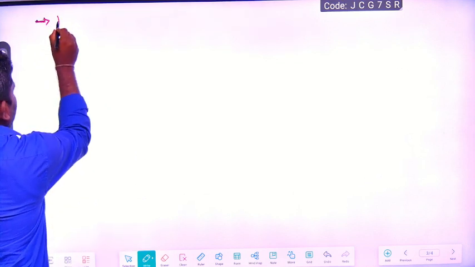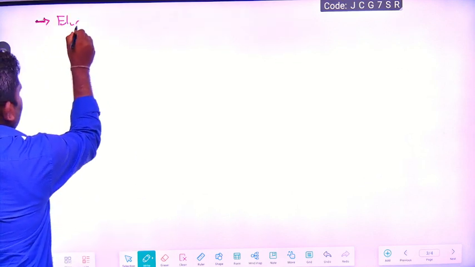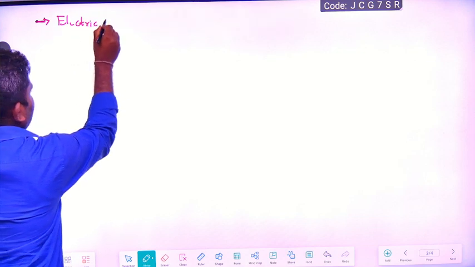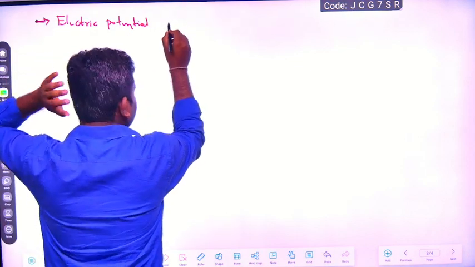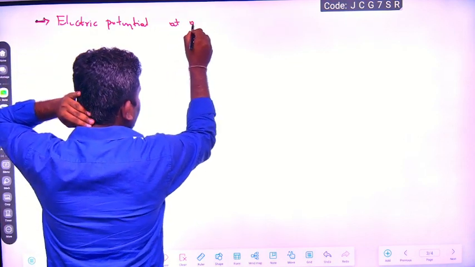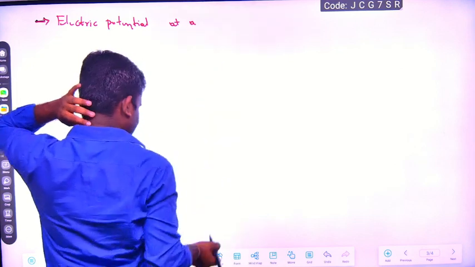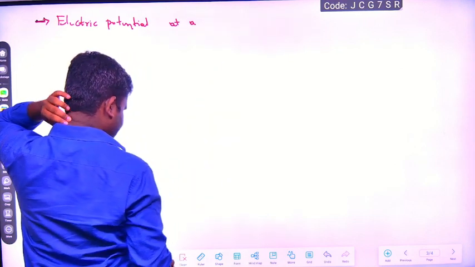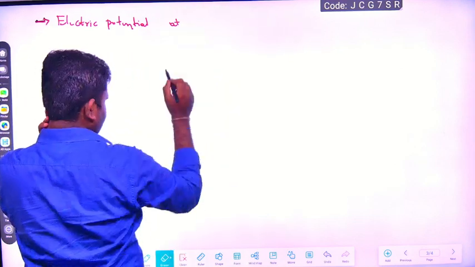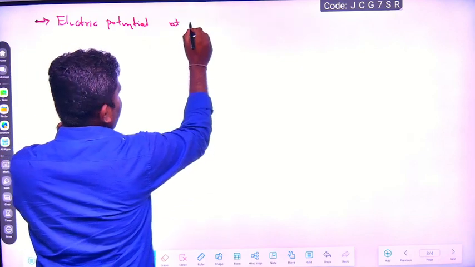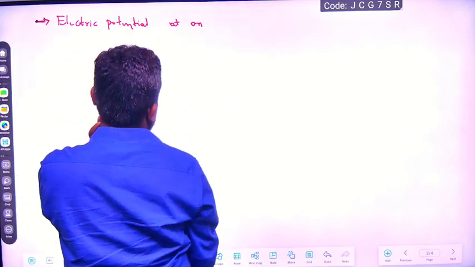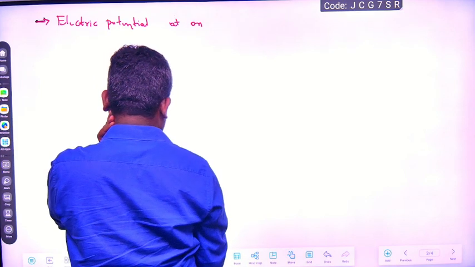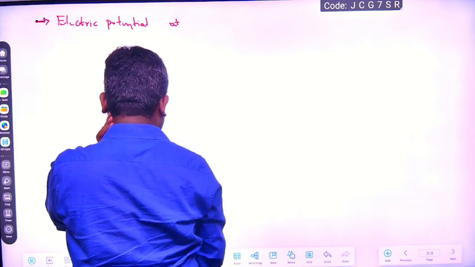Electric potential at a point on the equatorial line of a dipole. First you take equatorial, then I will do axial.